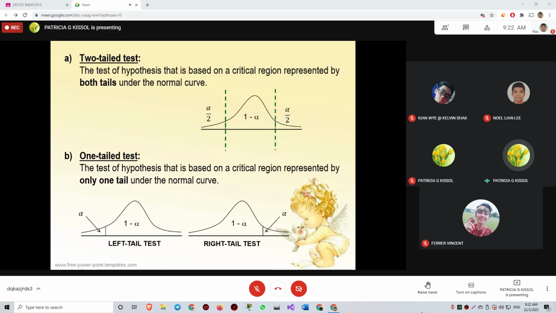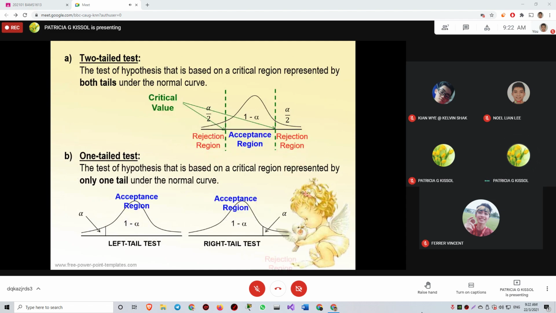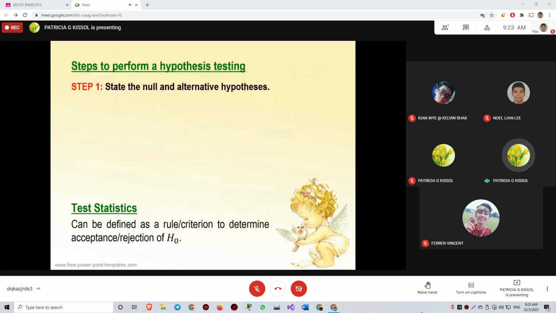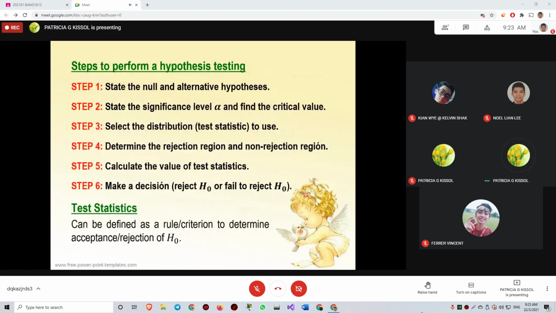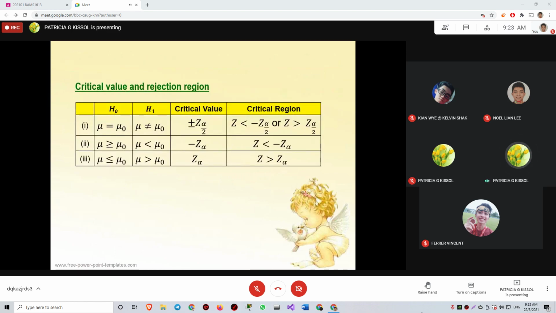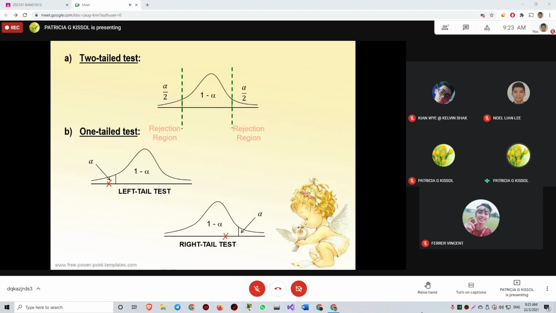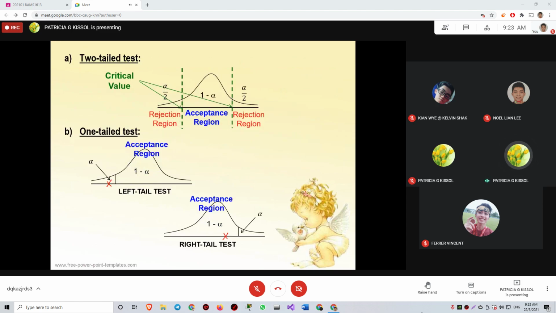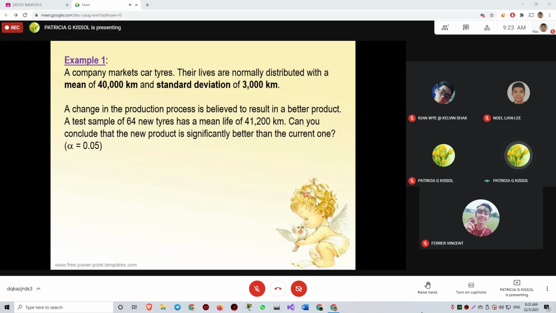Critical region, where I started to mention two tail and one tail, and the critical value, the steps required, and what we have discussed just now, inclusive of the test statistics. I hope that is all clear, and I hope it will help you understand how it is solved. So we're going to look at the first question.